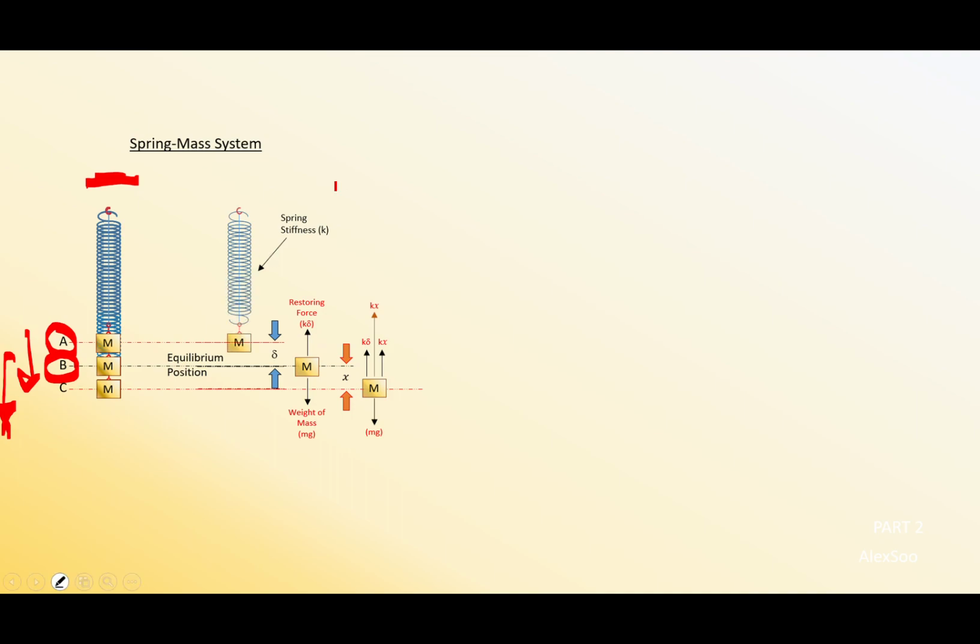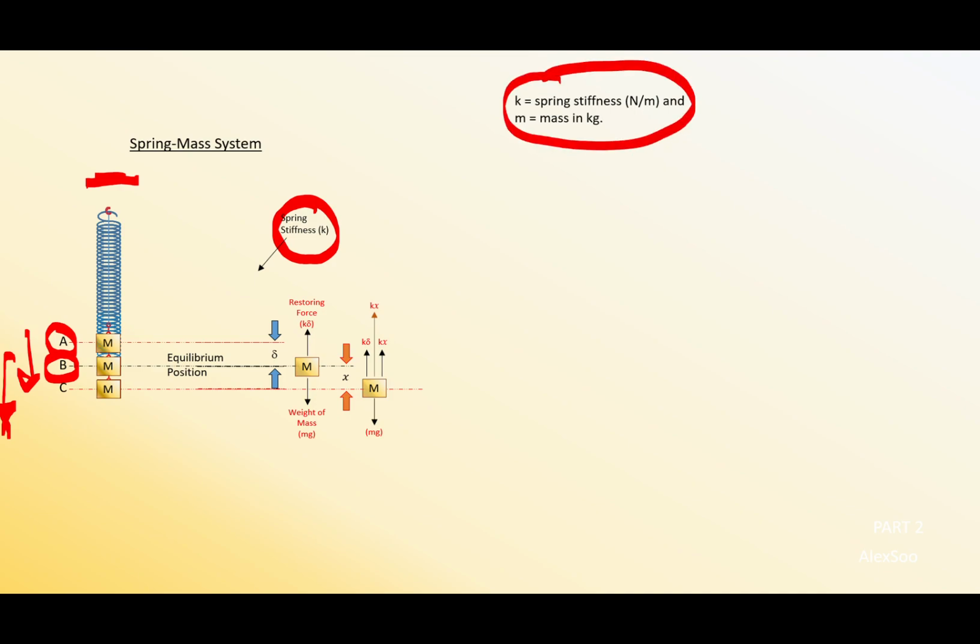For the spring, we have a spring stiffness of K, and the unit of K is Newton per meter. Here K, the spring stiffness, is in Newton per meter, and mass is in kg.